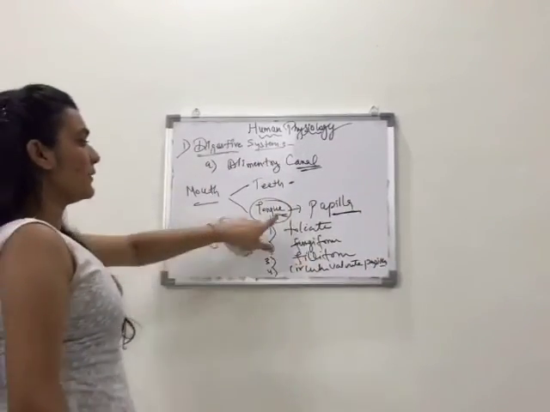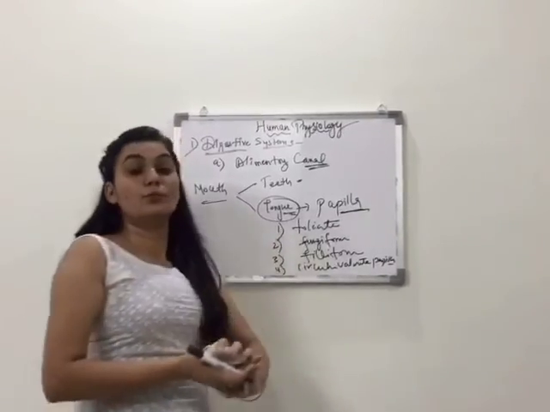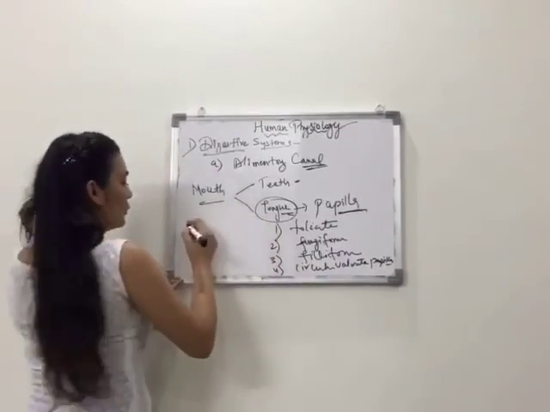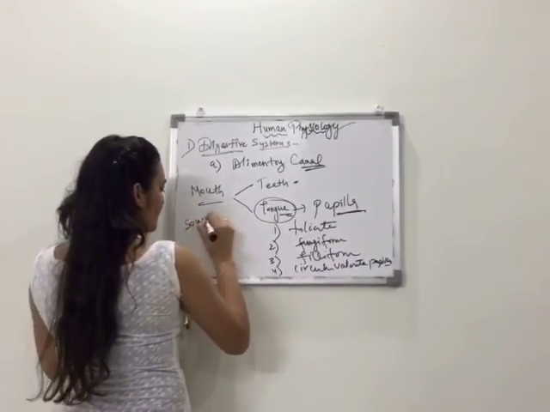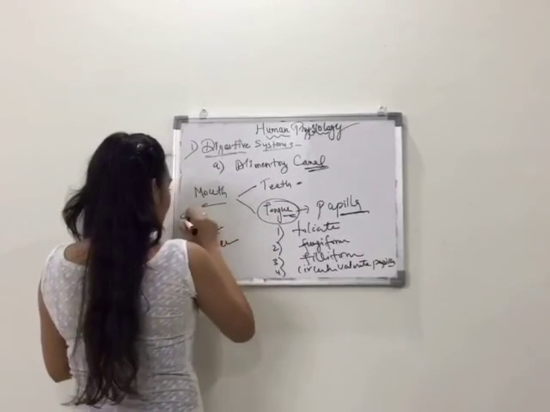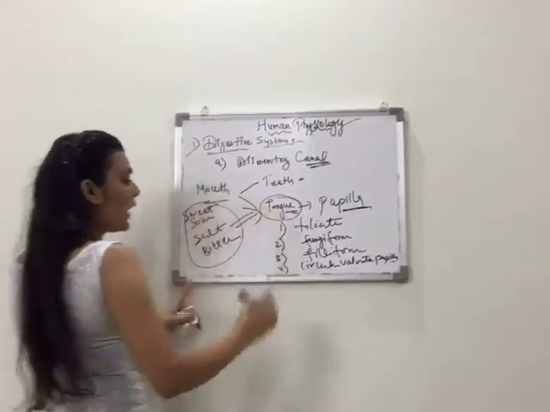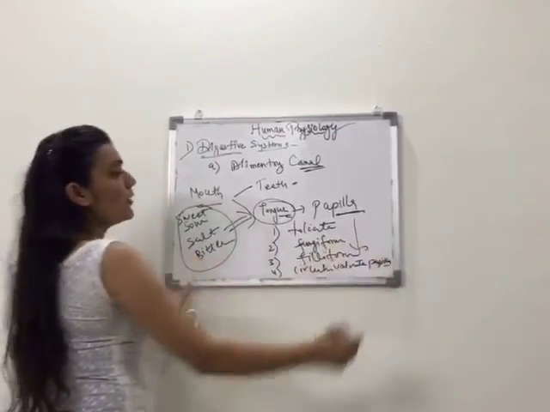They have taste buds, with which we can sense or taste the food. We have four tastes: sour, salt, bitter and sweet. These four are recognized by our tongue with the help of these papillae.